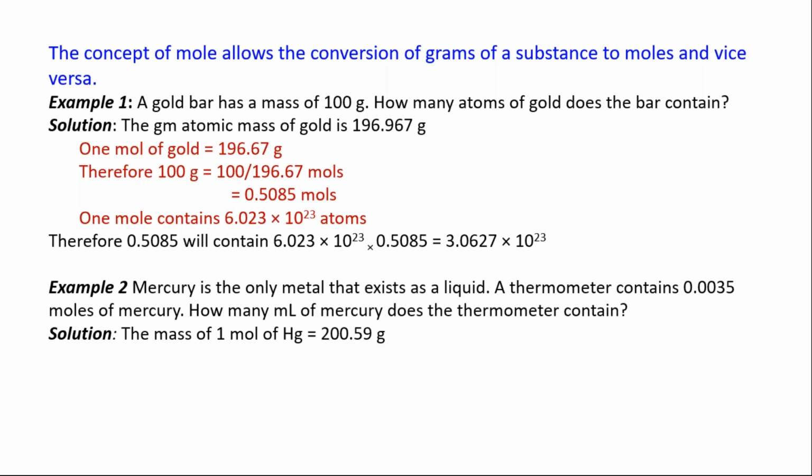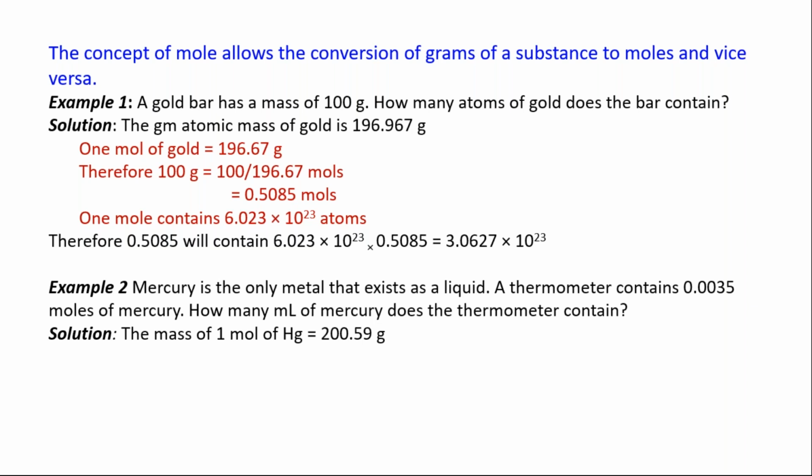So what do we know? We know that the atomic weight or the atomic mass of mercury is 200.59. So this means that 1 mole of mercury is 200.59 grams. So we need to find out how many grams 0.0035 moles of mercury is.